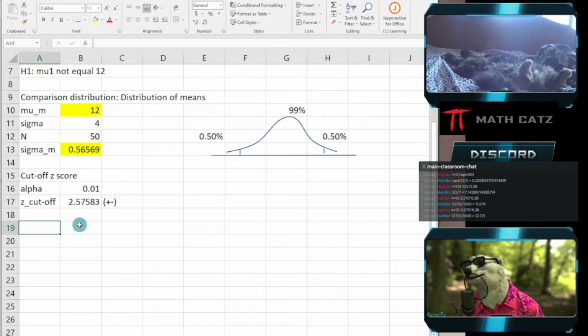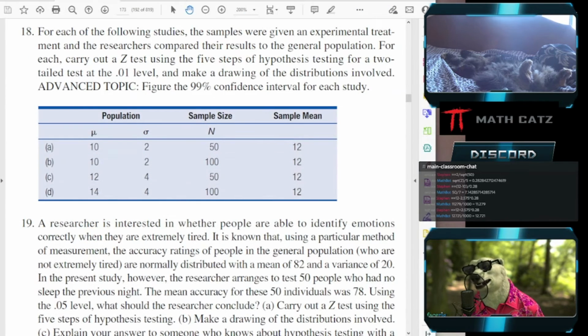Alrighty, next up we want our observed score. Well, our observed sample mean is, they say in the question, 12.